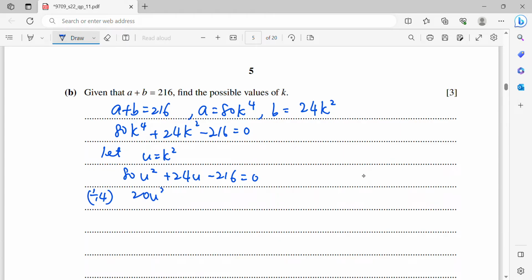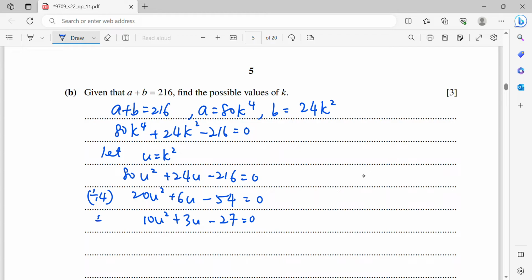So 20u² plus 6u minus 54 equals 0. We can further simplify this to 10u² plus 3u minus 27 equals 0.